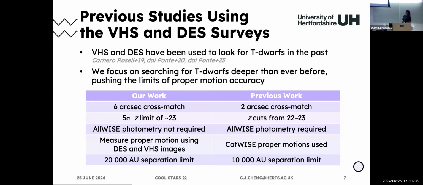VHS and DES have been used before to look for T-dwarfs. I won't list off everything that's different, sorry, but here's a quick summary of some of the key differences between our work and previous studies. But in essence, our search aims to look for T-dwarfs deeper than ever before and to push the limits of proper motion measurement accuracies.